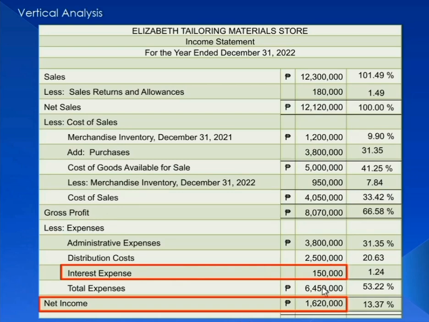That would give us the same amount of 1,770,000 numerator. That's why it is known as profit before interest expense and income tax. We add back the interest expense and income tax to the net income.